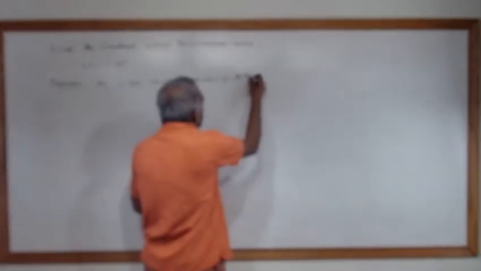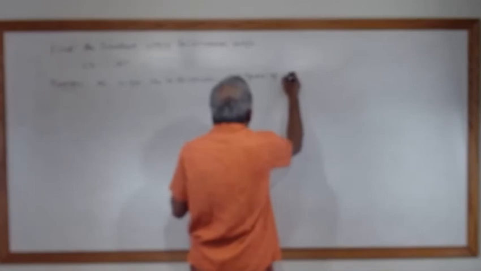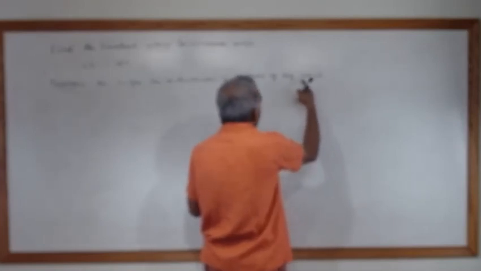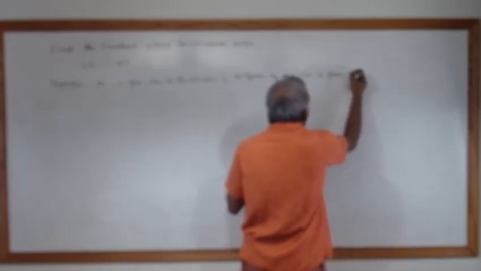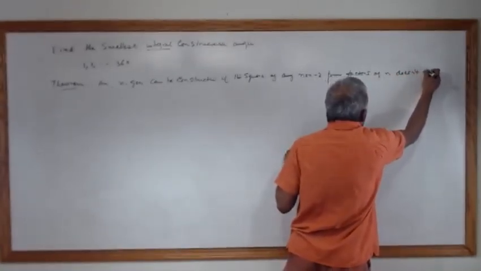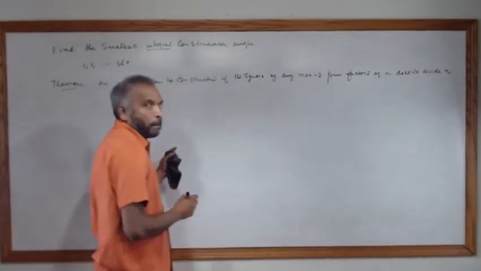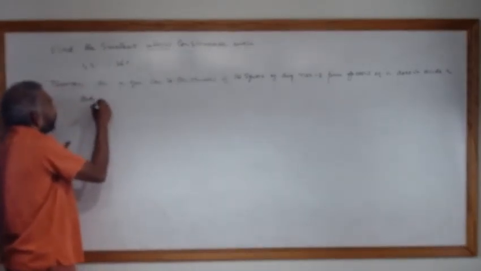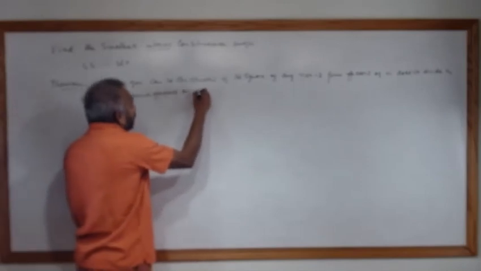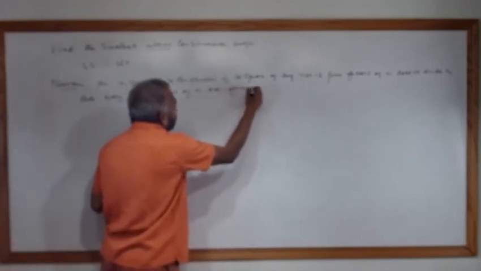An n-gon can be constructed if the square of any non-2 prime factor of n does not divide n, and every prime factor of n is a Fermat prime.